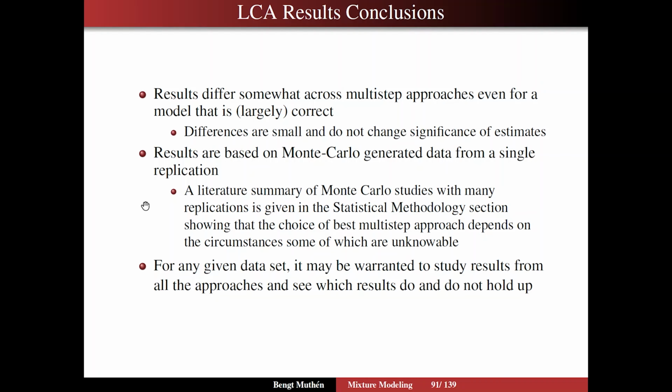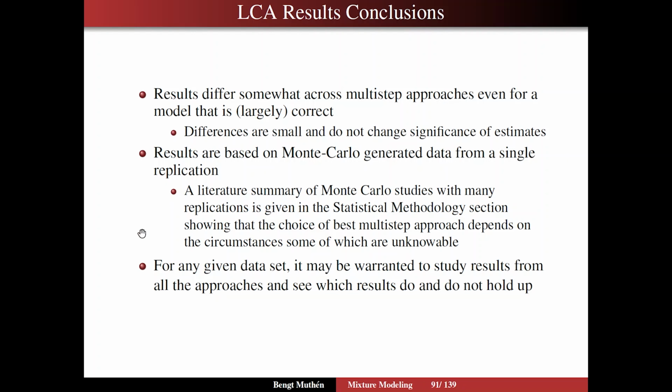A literature summary of Monte Carlo studies with many replications, which is what you need, is given in the statistical methodology section, showing that the choice of best multi-step approach depends on the circumstances, some of which are unknown and unknowable also.